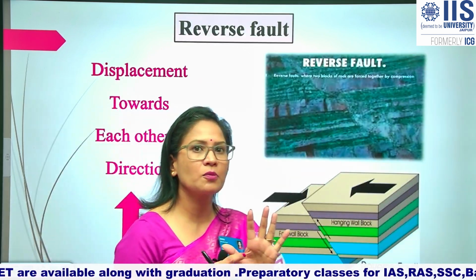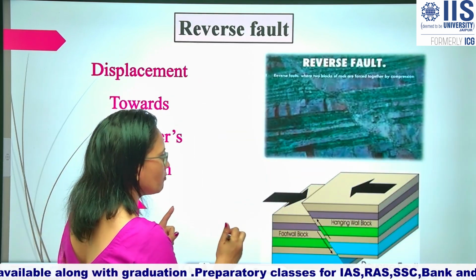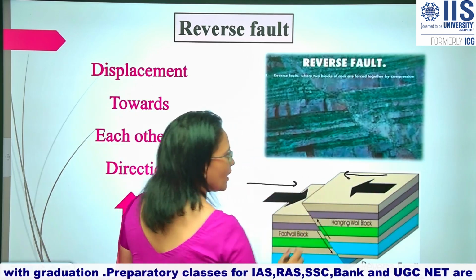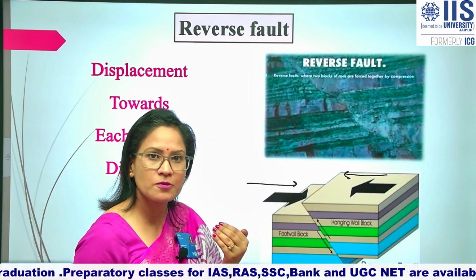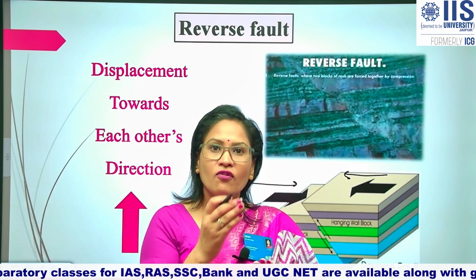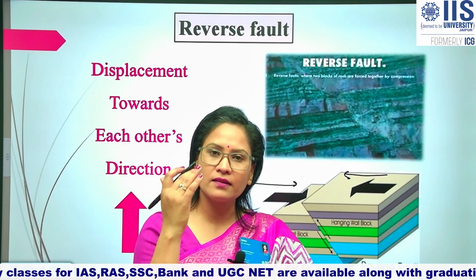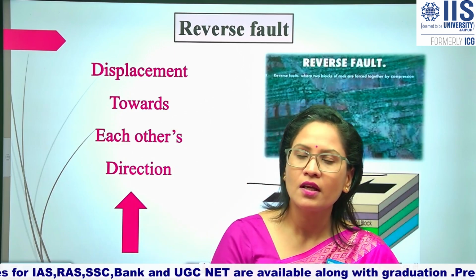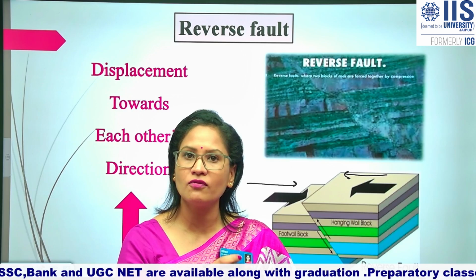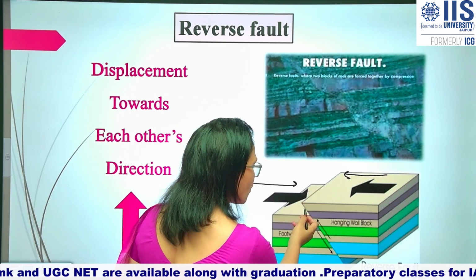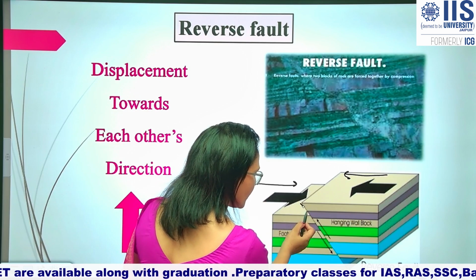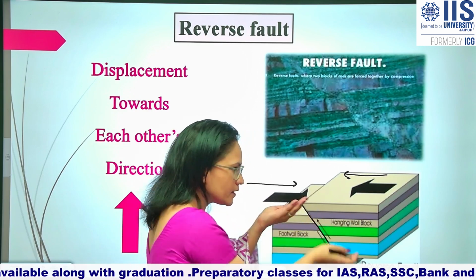It is an absolutely normal condition, but sometimes there is a reverse fault also. Reverse fault means that the movement or the force is towards each other. As we have discussed in our previous part, faults are usually formed because of tensional force, but there are some exceptions. Sometimes because of excessive horizontal compressive force, faults are also formed, and along this plane they are displaced.